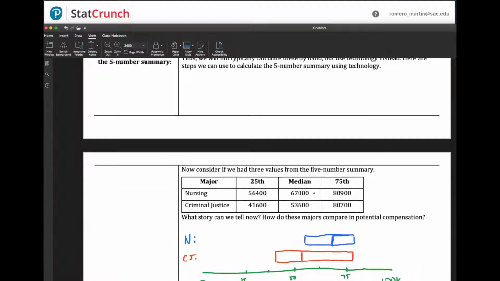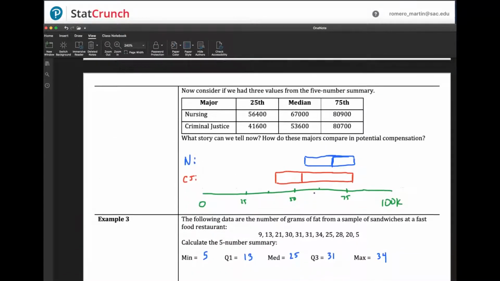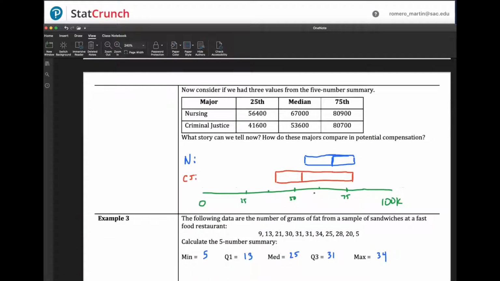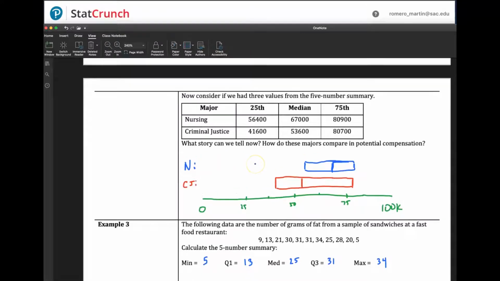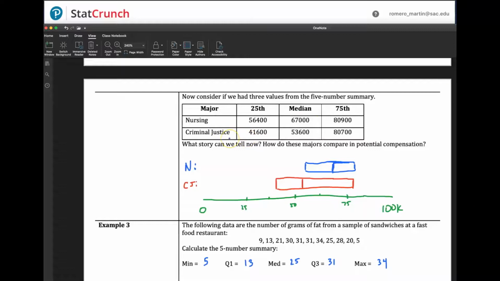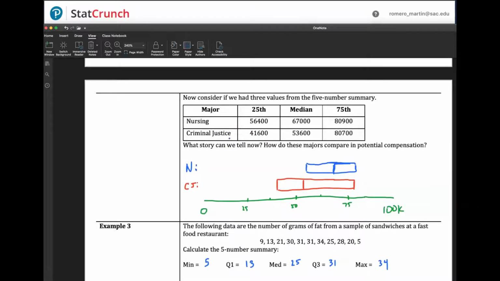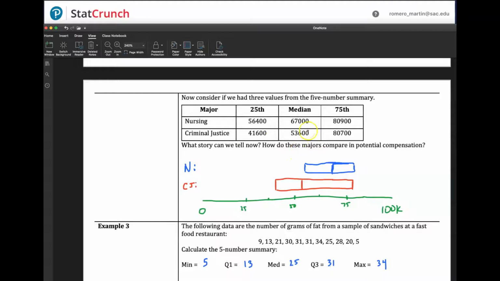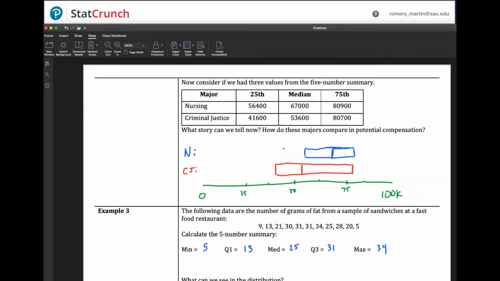The next thing I want to say is let's consider a little bit more information about nursing and criminal justice majors. What we know is that these are the median mid-career salaries for nursing majors and criminal justice majors. That's what we're looking at here. The story being told is that I can map this data out.